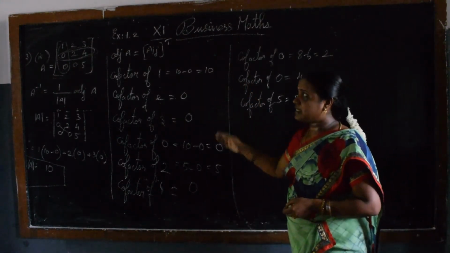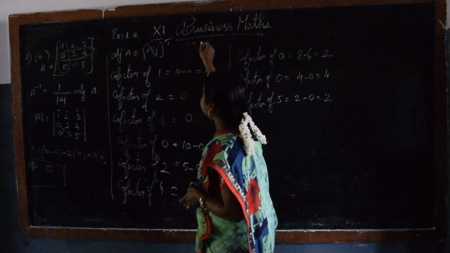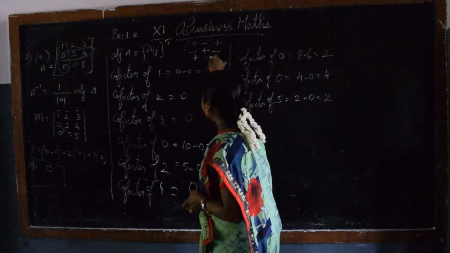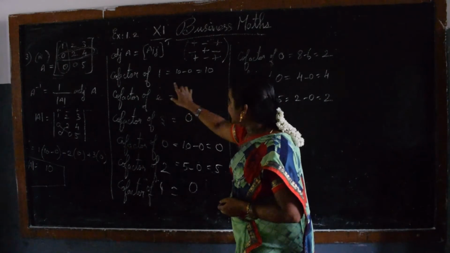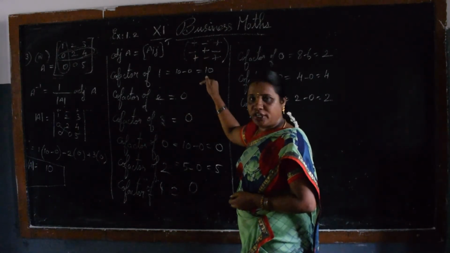You have to change the sign. For a 3 by 3 matrix, what is the sign? Plus minus plus, minus plus minus, plus minus plus. You have to change the sign accordingly. See the first element, 10. What is the sign? Plus. So no need to change.